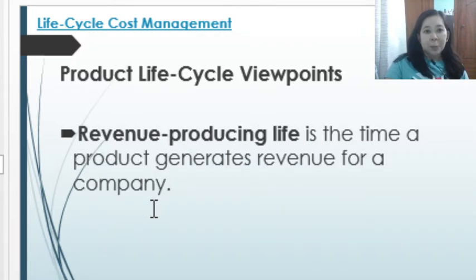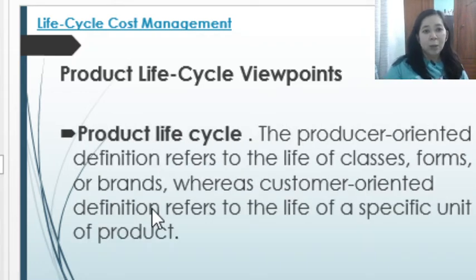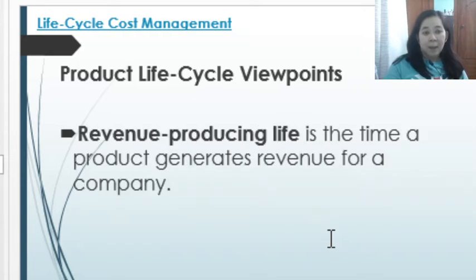Here, if you look into their viewpoints or definitions, it's somehow the same. For the producer-oriented definition, they look into a specific model or brand, whereas for the consumer, they also refer to a specific unit of the product. So they mean the same thing.